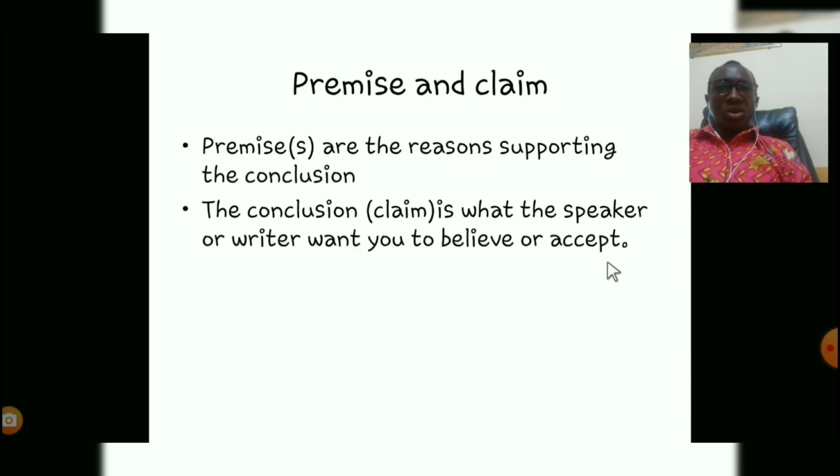The premise or premises are the reasons supporting the conclusion. And the conclusion is what the speaker or writer wants you to believe or accept. So we can say that in an argument, the premises play a supporting role to the conclusion. So you can never have an argument without a premise or premises.